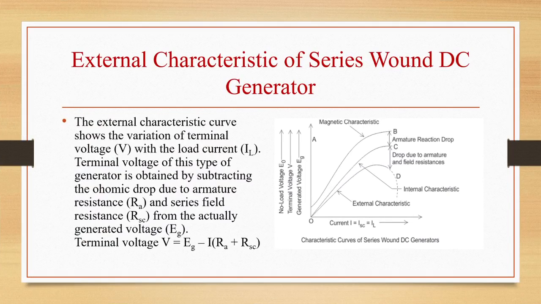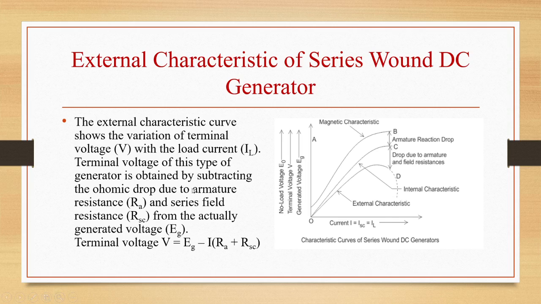Now let us see the external characteristic curve. The external characteristic curve shows the variation of terminal voltage V with the load current IL. The terminal voltage of this type of generator is obtained by subtracting the ohmic drop due to armature resistance and series field resistance RSC from the actually generated voltage.